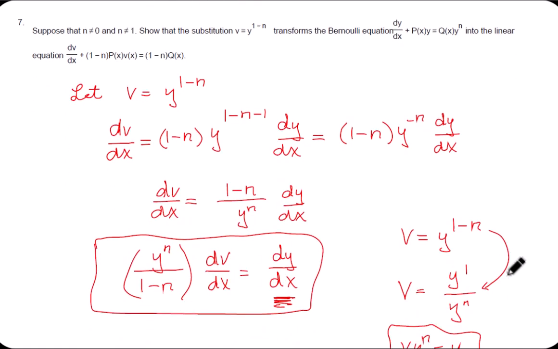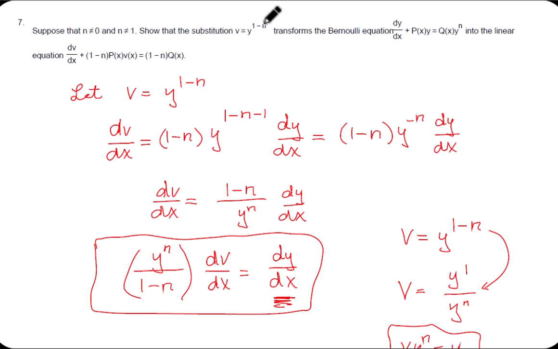Now, in our last problem here in this section, we're doing something that comes from the Bernoulli equation. It's a general substitution that comes up often in physics, physical chemistry, and engineering. So, we've got this Bernoulli equation here, and they're saying make the substitution v equals y to the 1 minus n.